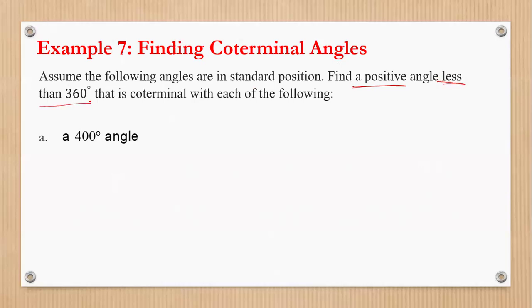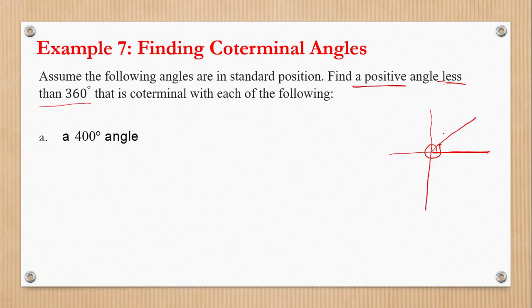So we want to find a coterminal angle for a 400-degree angle, but we need to know that it should be positive and less than 360. So if I want to show a 400-degree angle, starting with the initial side, that's more than 360. So that means you have a full rotation, which is 360, and 40 more.